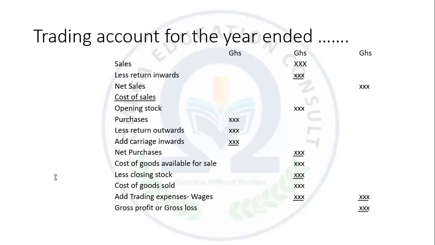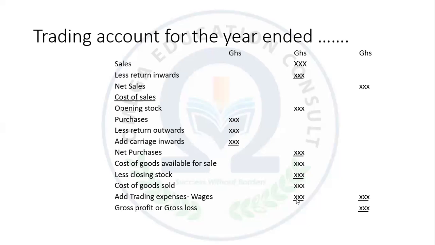It's a presentation style. Others move to the next line and put it there. It doesn't really matter. So on the same line where you added the wages, you can put it there. The rationale is already we have indicated that the net figure here is cost of sales from the title here, so we don't necessarily have to come down and repeat that cost of sales.